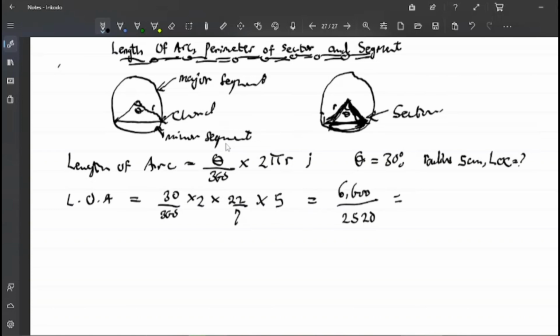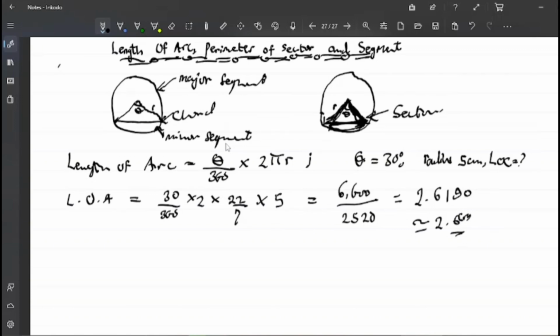That gives us 2.6190, approximately 2.6 to one decimal place. That's 2.6 centimeters. So that's the length of the arc.